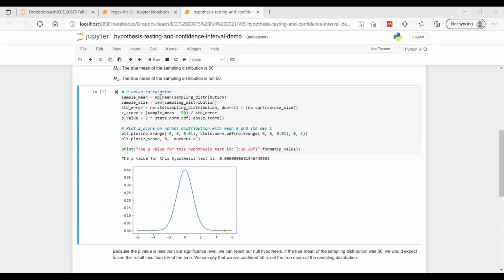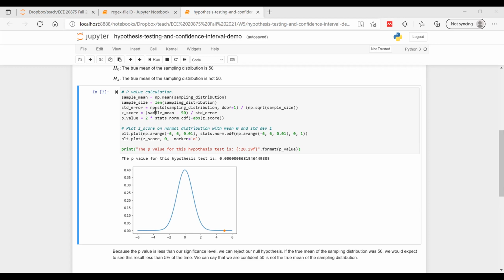First we call numpy.mean to compute the mean, because this sample distribution, you can think of it as an array or a list containing 100 numbers. So you just call np.mean, you get the average. And you call len, you get the sample size. This is pretty standard. You will use this a million times.